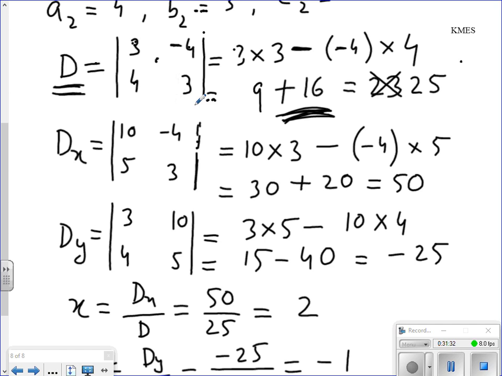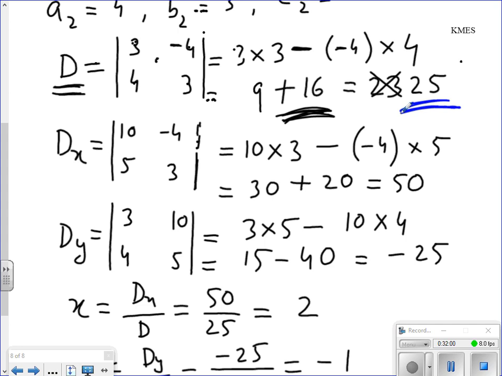Now we already know how to find the value of the determinant: 3 multiplied by 3 and minus 4 multiplied by 4, with a minus sign in between from the formula. Calculating, we get 3 3s are 9 plus 16. 9 plus 16, we made a mistake before, not 23 but 25.